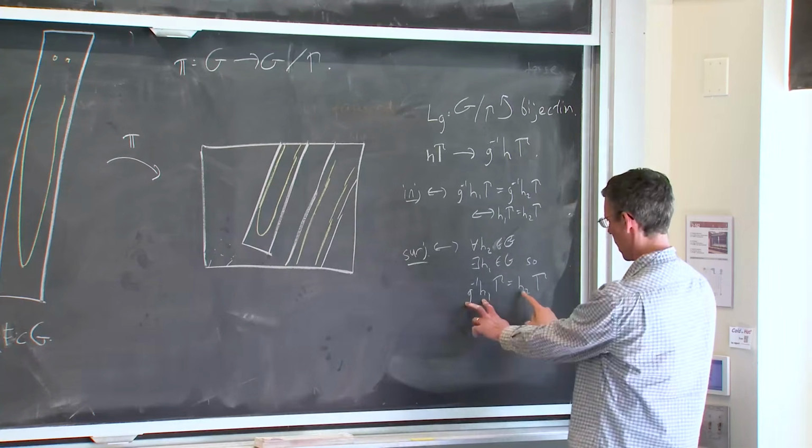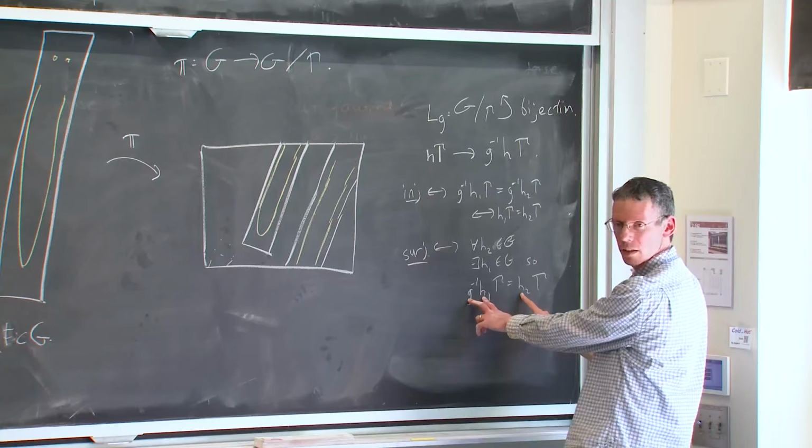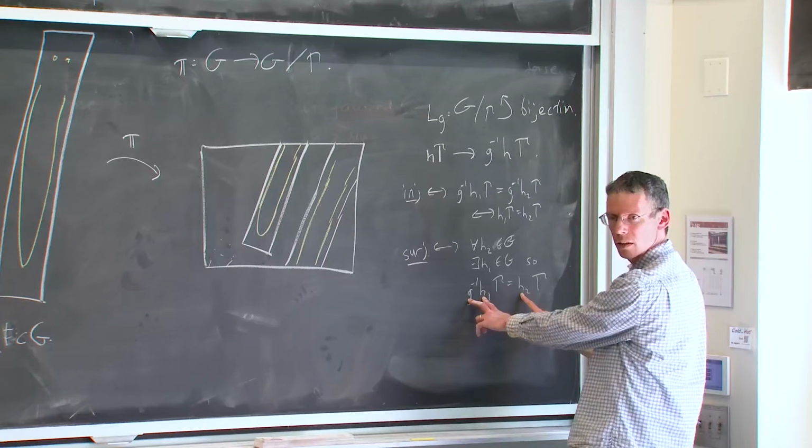So yeah, we set these equal and solve for G. I guess that follows from invertibility of the left map.